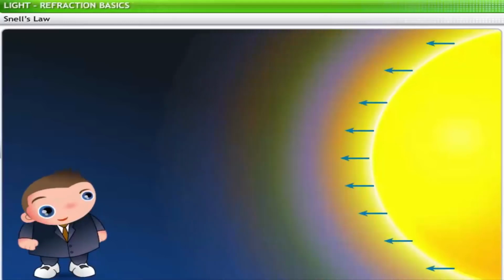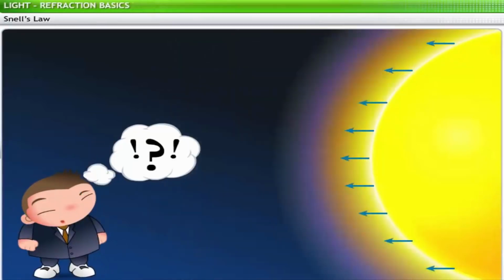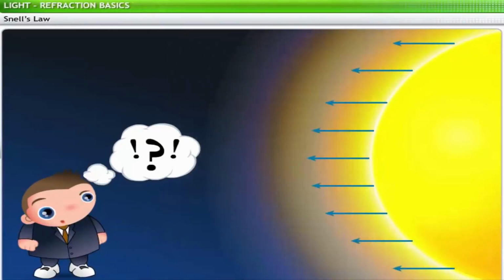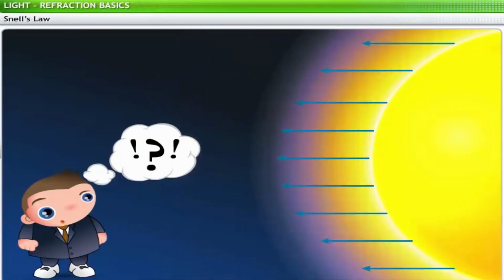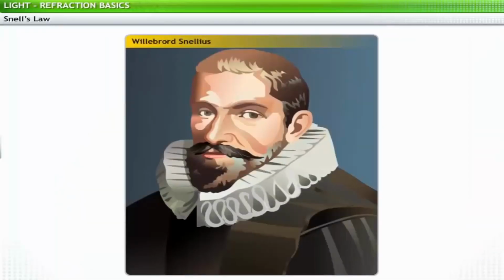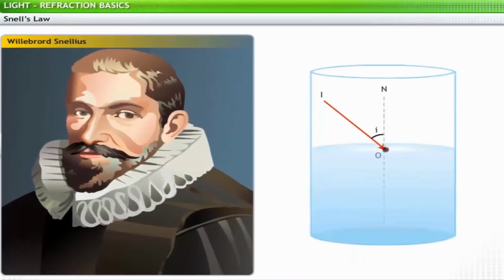It is difficult to determine the velocity of light in each medium. Therefore, another method of determining refractive index of media was needed. Wilbrord Snellius, a Dutch mathematician, discovered the relationship between the angle of incidence and the angle of refraction for two given optical media.